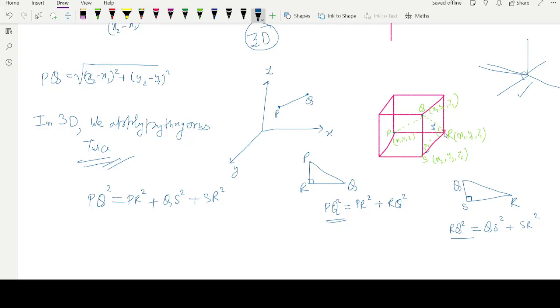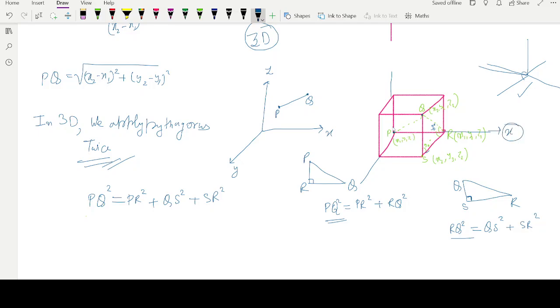If you take any, let's say this diagram, imagine this one. If this is x1 y1 z1, let's consider it only, say this is on the x-axis.